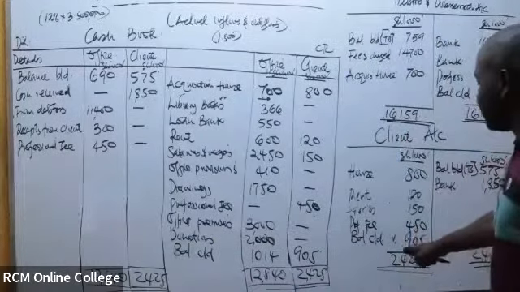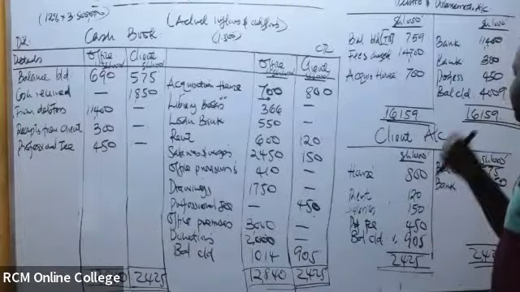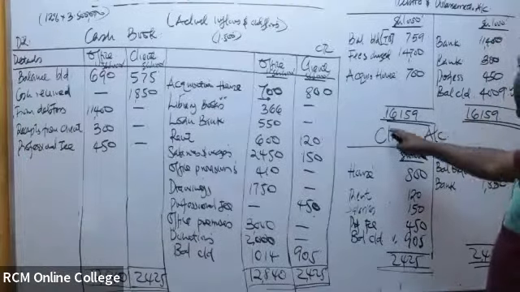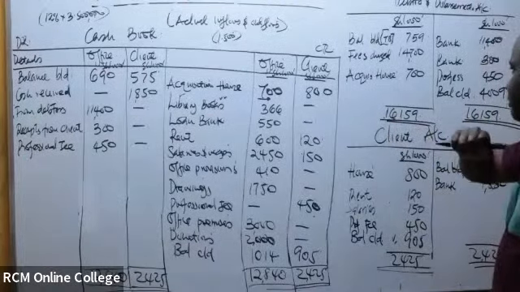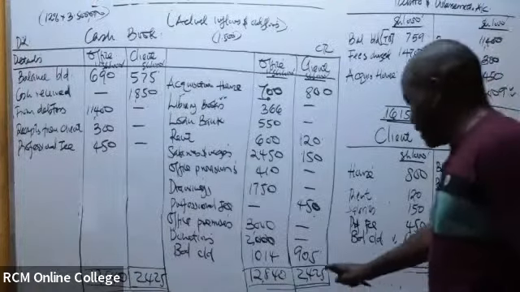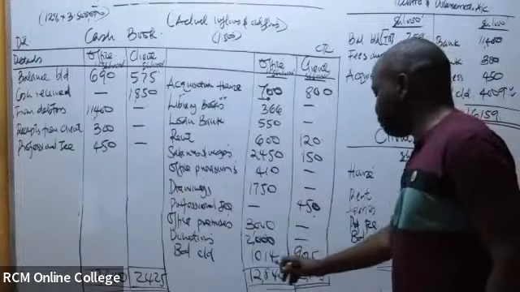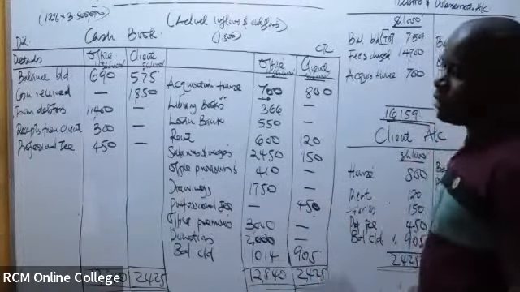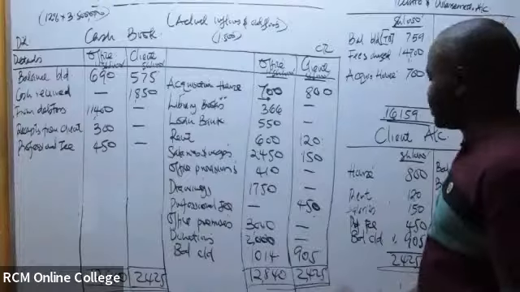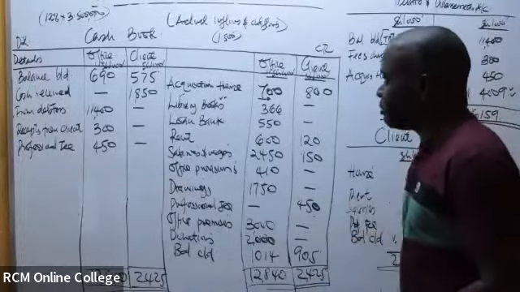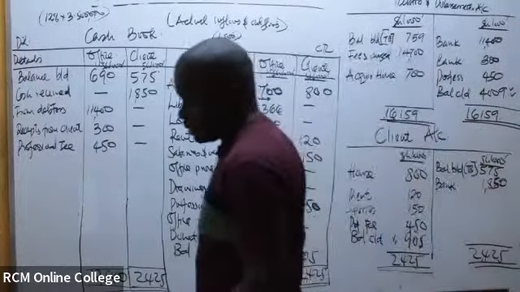This one will go as a liability because you can see it has a credit balance. This one has a debit balance, it will go as an asset. These ones here will go to the statement of financial position as assets, because they have a debit balance.